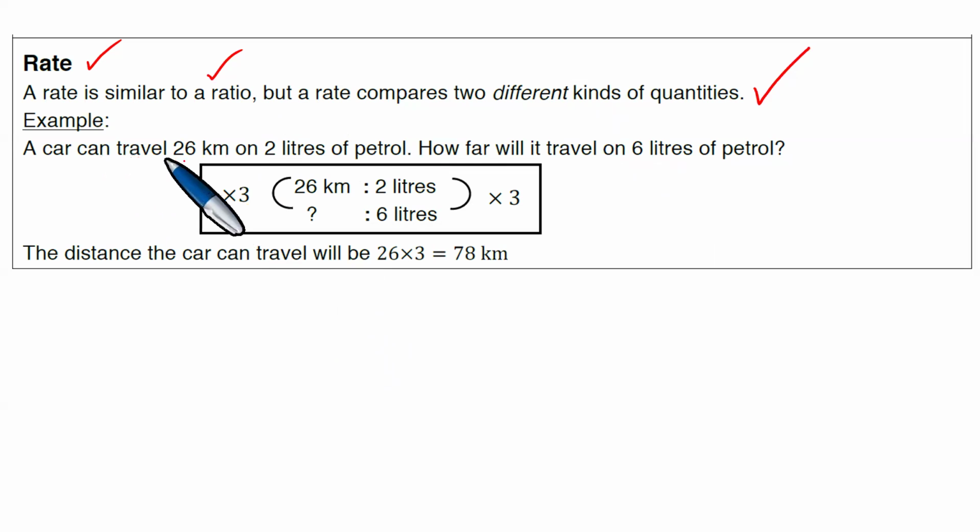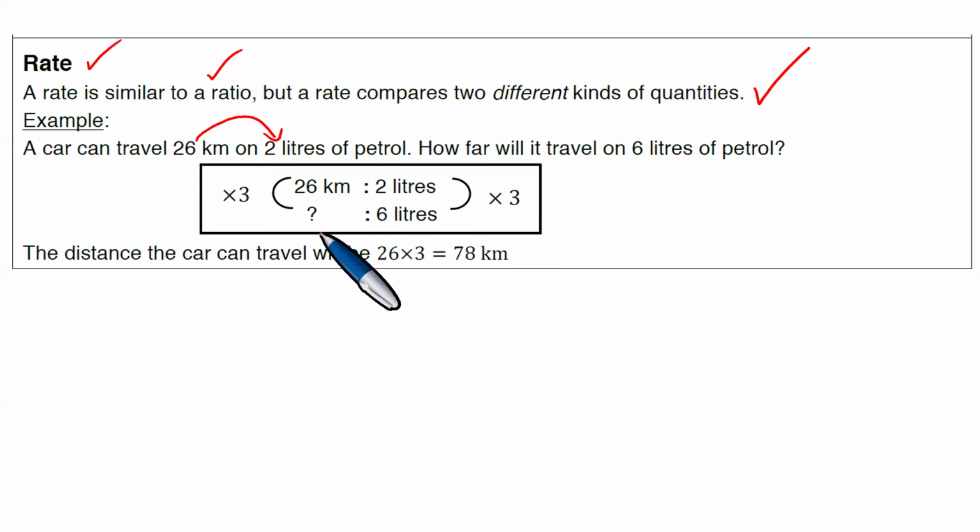Example, a car can travel 26 kilometers on 2 liters of petrol. How far will it travel on 6 liters of petrol? At this point, you have 26 kilometers to 2 liters of petrol. Now we have 6 liters of petrol, and then how far will it travel?